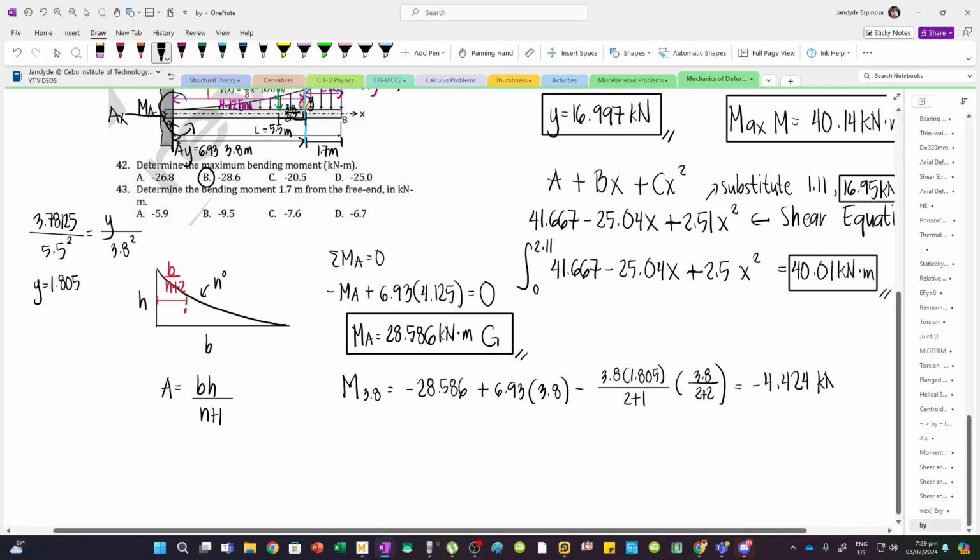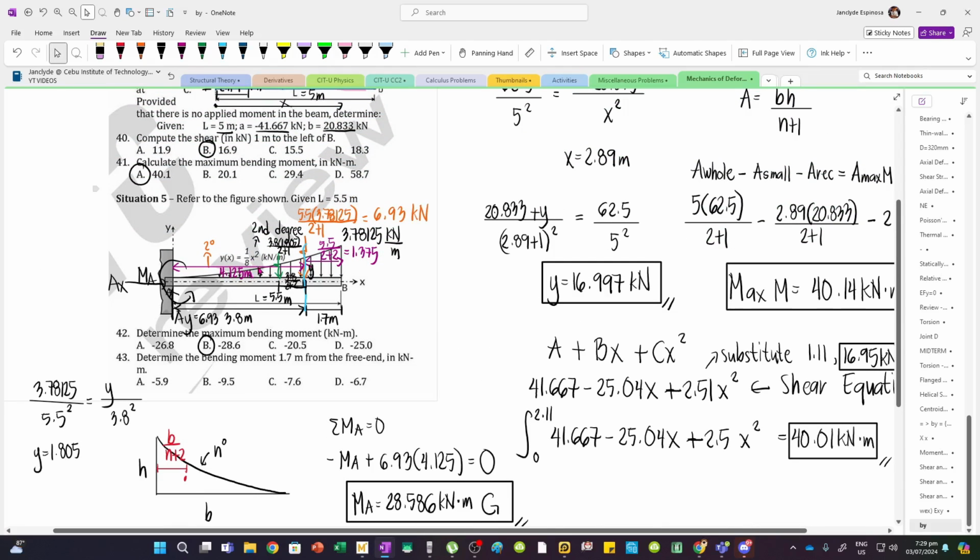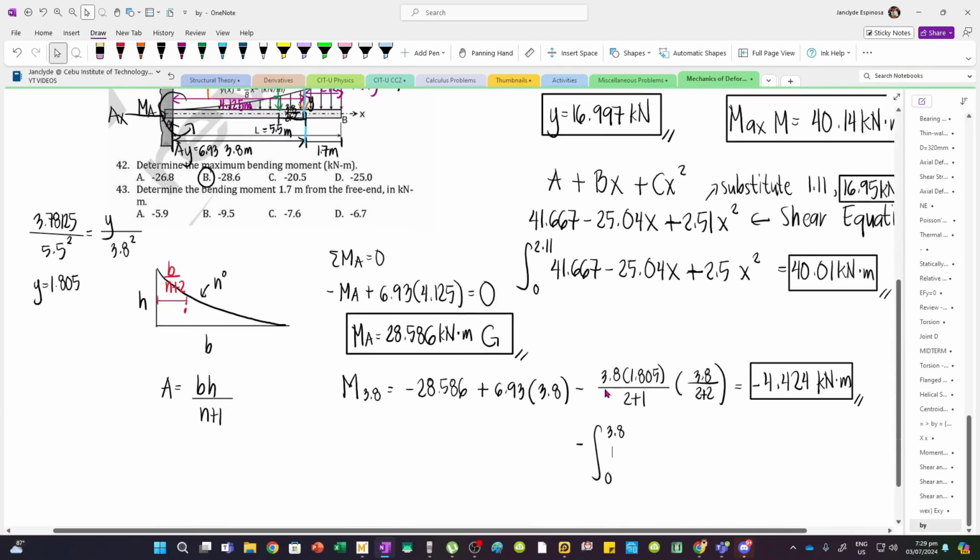Or instead of this expression, you can just substitute minus the integral from 0 to 3.8. You can integrate this function to convert it into the shear equation. So we have 1 over 8 x squared. Integrating this becomes 3, and we multiply 3 at the denominator, so this is now 1 over 24 x cubed.